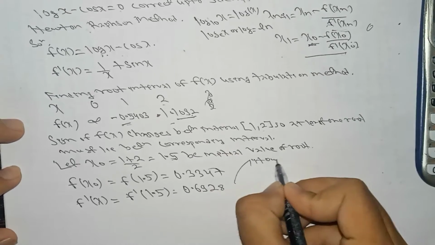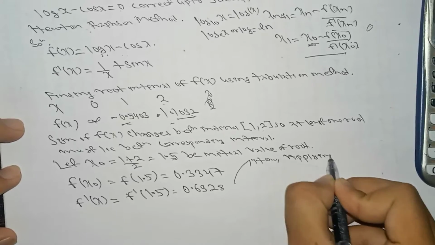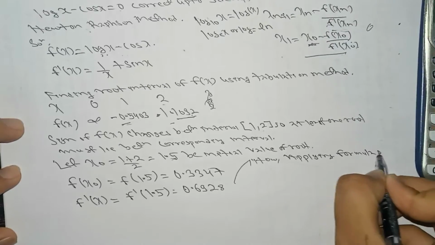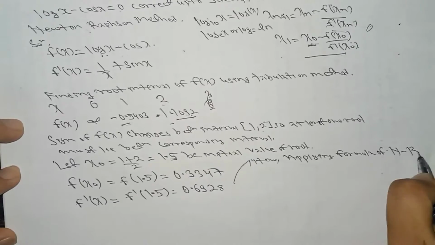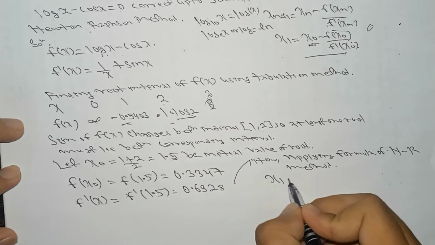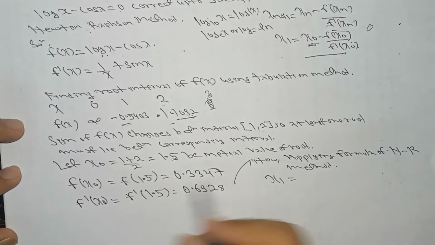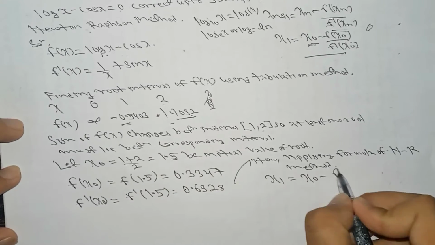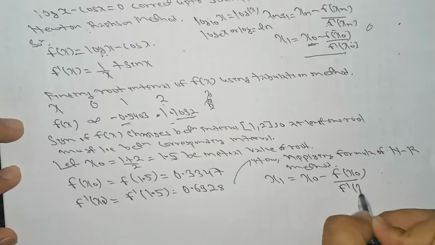Now applying the formula of the Newton-Raphson method, we can write this as the NR method. Okay, so we have the formula, that is x1 is equal to x0 minus f of x0 by f dash of x0.